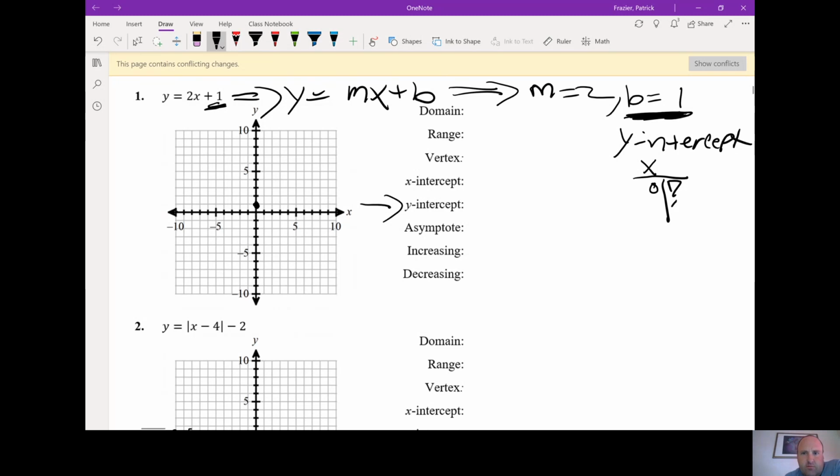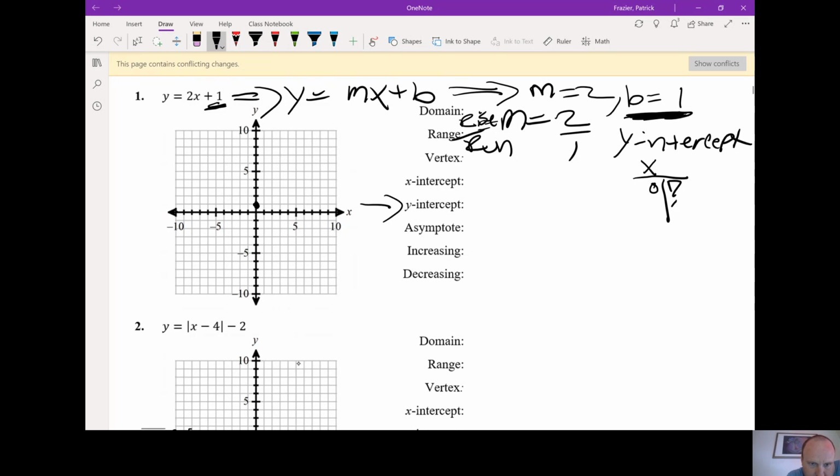Then the slope, in this case, m equals 2, but specifically that's 2 over 1. So rise over run. We go up 2 and over 1.